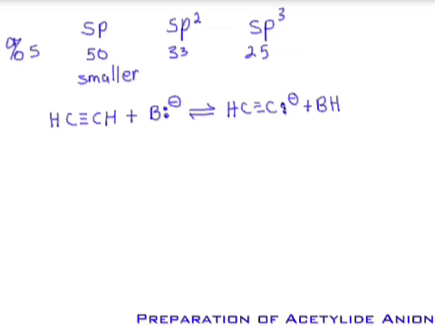Because this anion is most stable of the three alkyne, alkene, alkane, this anion forms more readily, which means the equilibrium shifted to the right, which means the alkyne is more acidic than the rest.